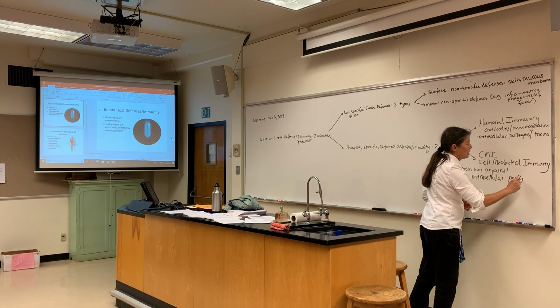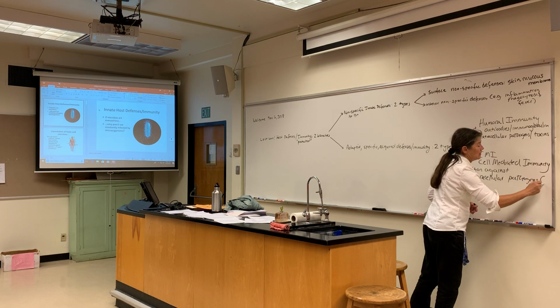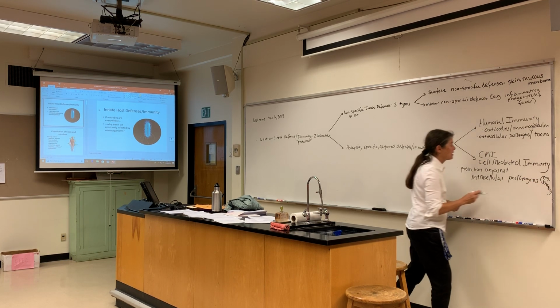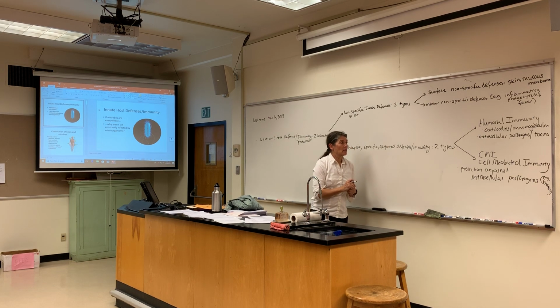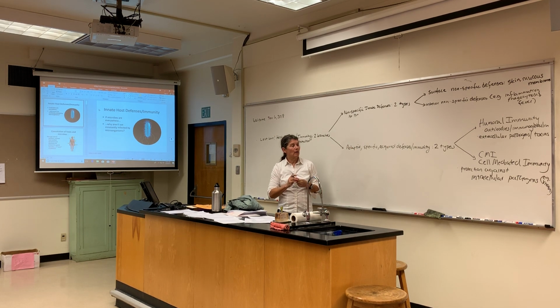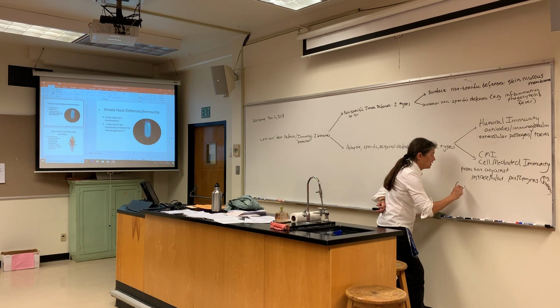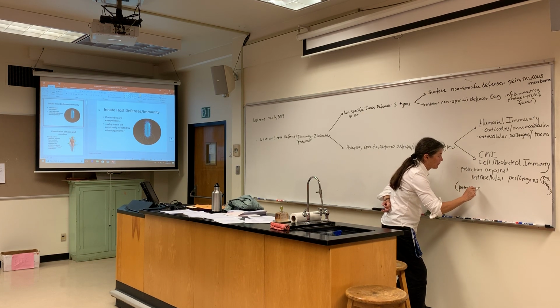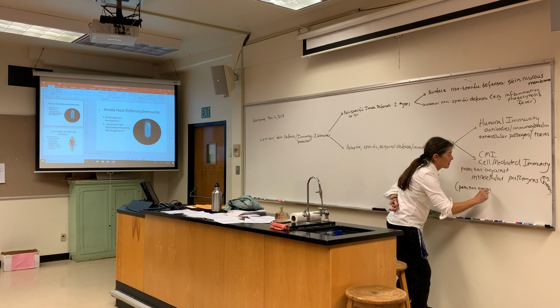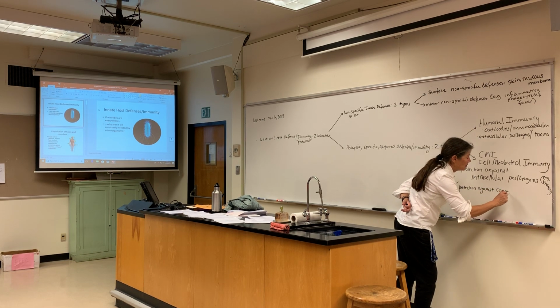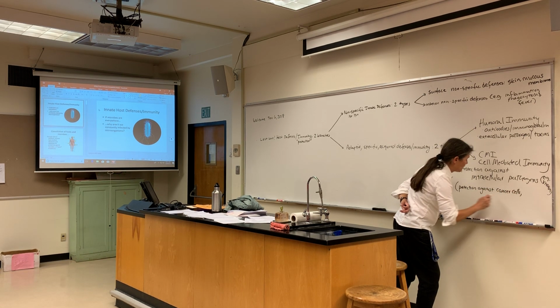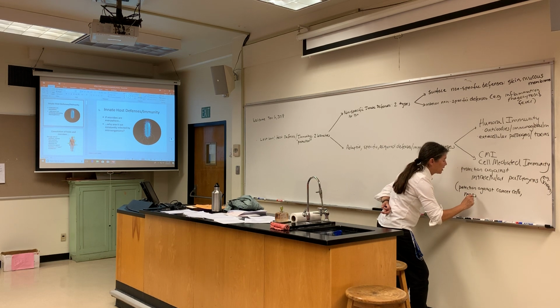An example would be viruses, right? Viruses are intracellular. They're replicating inside of our cells. Another function of CMI that you will get into in A&P, we won't get into it in micro because we run out of time, is that it also provides protection against cancer cells. And it's also responsible for transplant rejection.